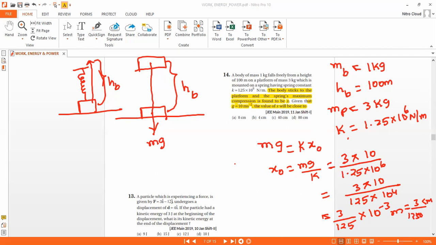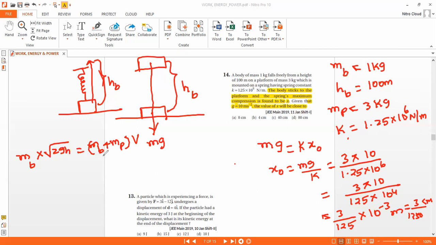Since the body sticks to the platform, I can write by momentum conservation: small m into root 2gh, the mass of the block, is equal to mass of the block plus mass of the platform times velocity.